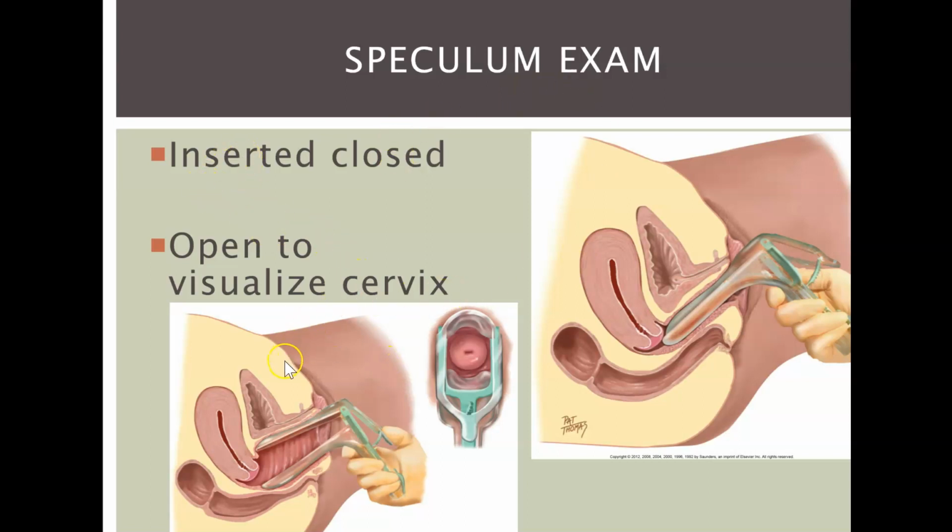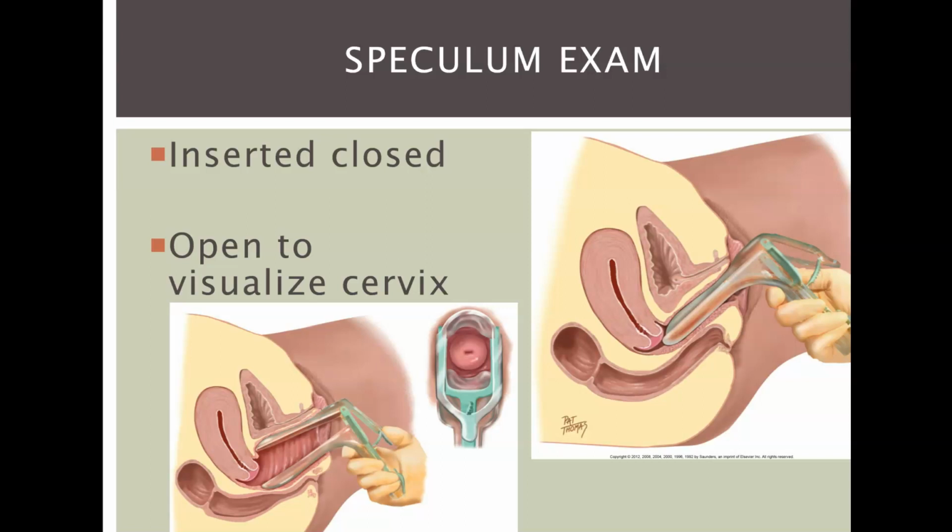But basically, it's showing you here how you insert it and then you have to turn it. And this picture here is showing you how it looks, because this is the opening of the cervix. So this is where you would get your culture and that type of thing. And they're in the lithotomy position when you do it.